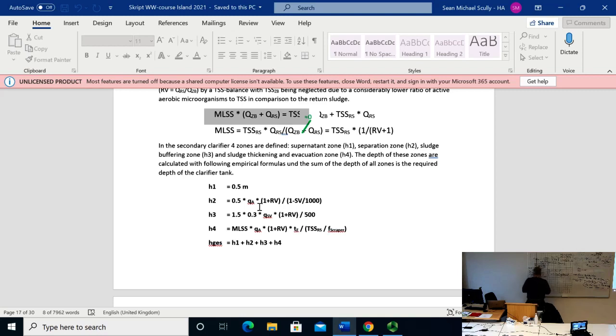So we have the flow, the effluent flow is 9.1 times the 91 times 0.15. That is cubic meter per hour, and that is per square meter.